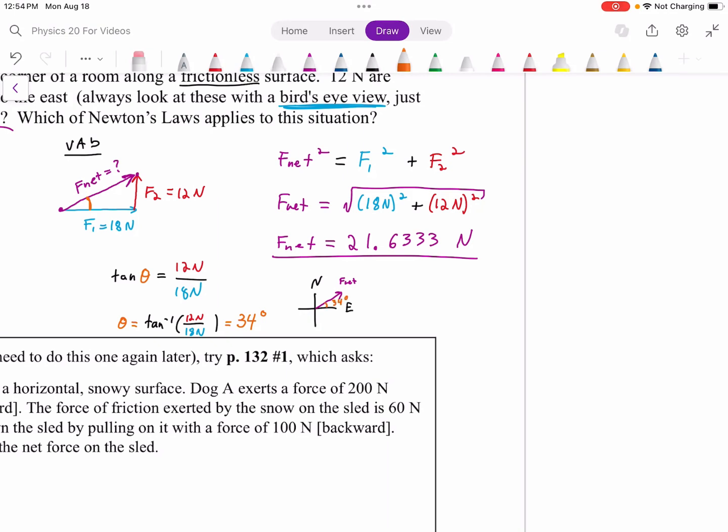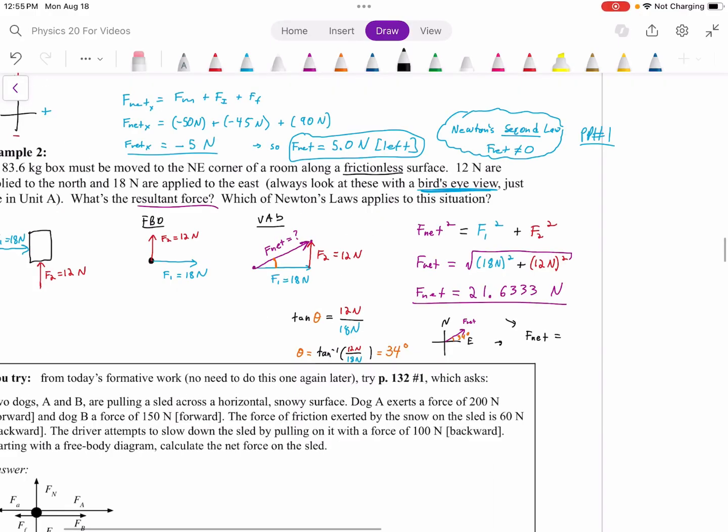So to describe that, we could say from east, we went 34 degrees towards north. So we are 34 degrees north of east. So putting that all together to two significant digits, the net force acting on this box is 22 newtons at 34 degrees north of east.